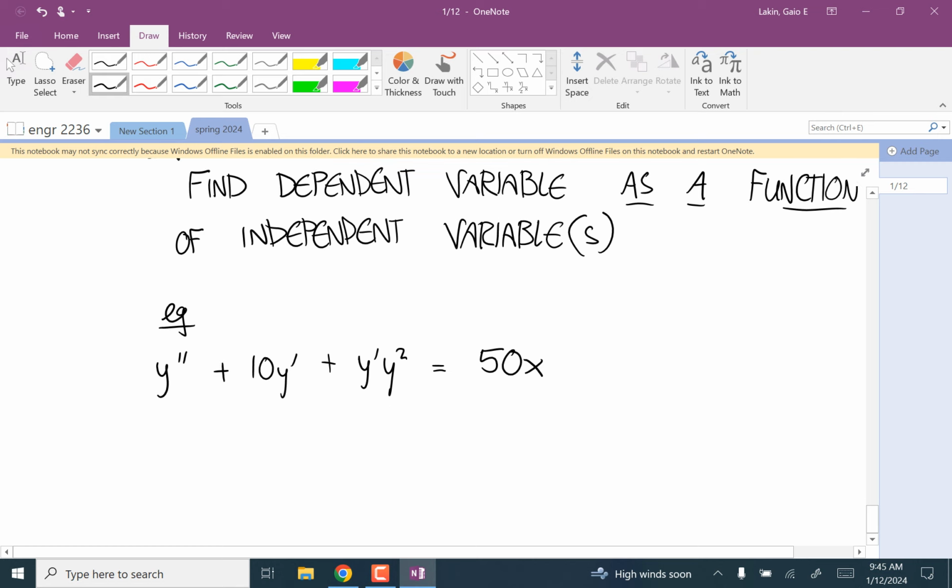Then what this is saying is, and maybe let me make this more clear just with a different notation. So let's say that this is d squared y dx squared plus 10 times dy dx plus dy dx times y squared is equal to 50x. Okay?